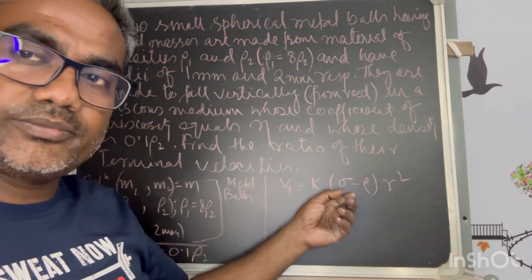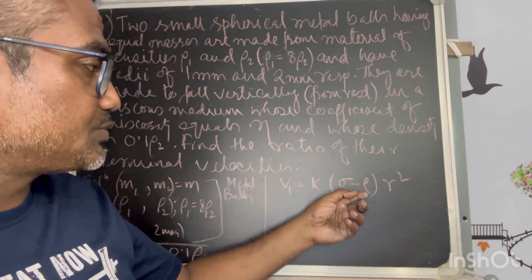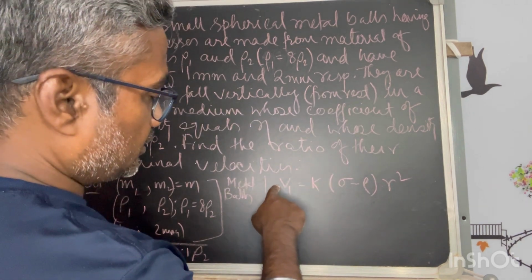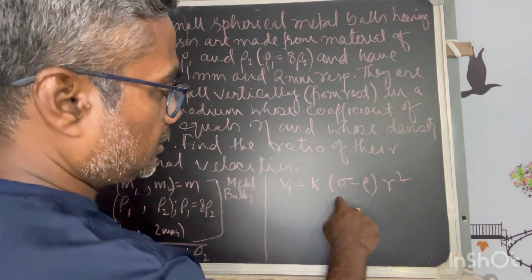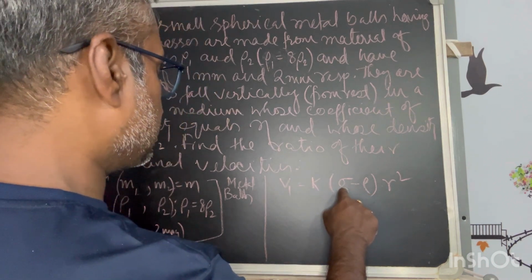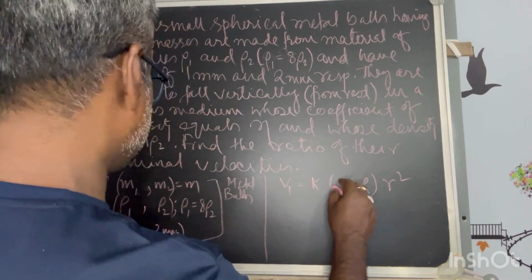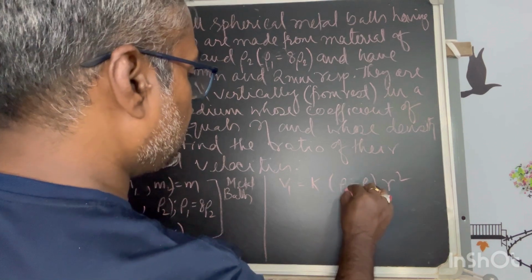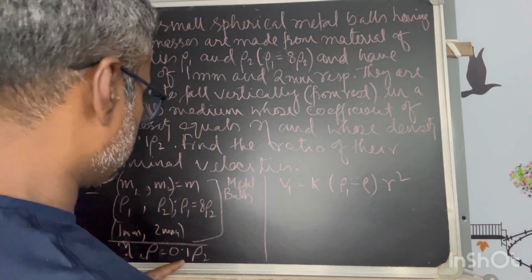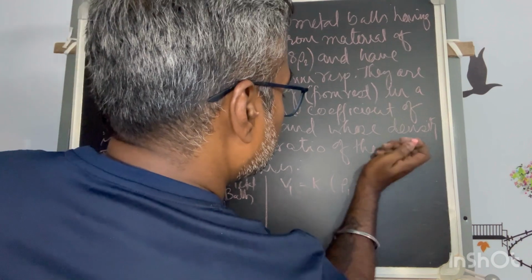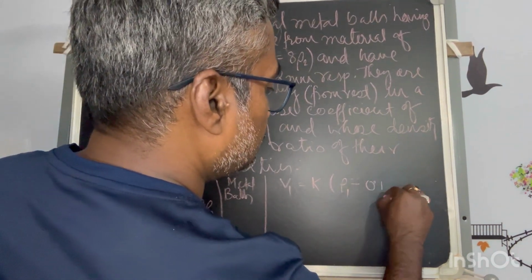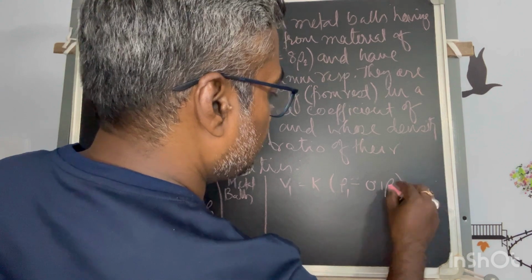The sigma will be different for each ball, with respect to the fluid through which it is moving. So the terminal velocity depends on a constant into this part. For the first ball, instead of sigma I will put rho 1, and the fluid has density 0.1 into rho 2. I am writing like that.